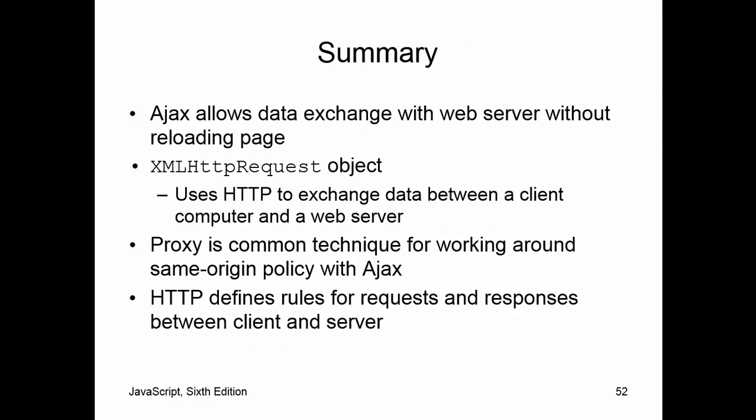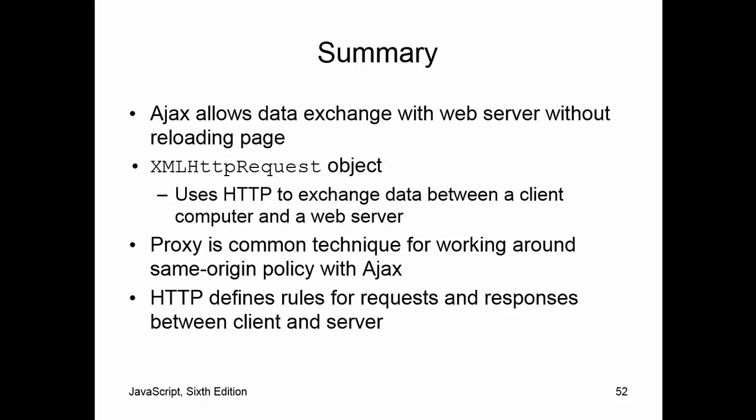So, one of the heavier chapters in the book, but as mentioned, Ajax allows data exchange with just what's called a partial page refresh. The key player in this is the XMLHttpRequest object, also known as the XHR object. It uses the hypertext transfer protocol to exchange data between a client and a server.